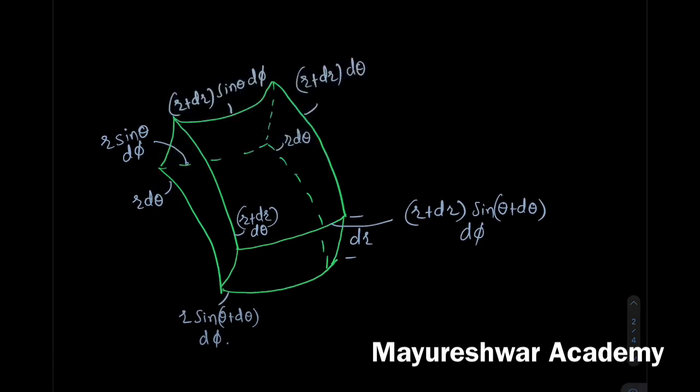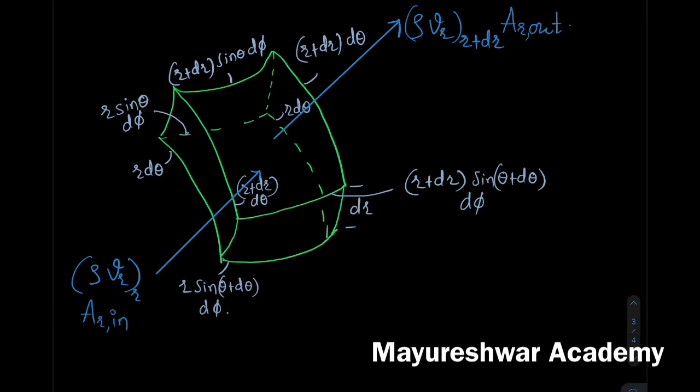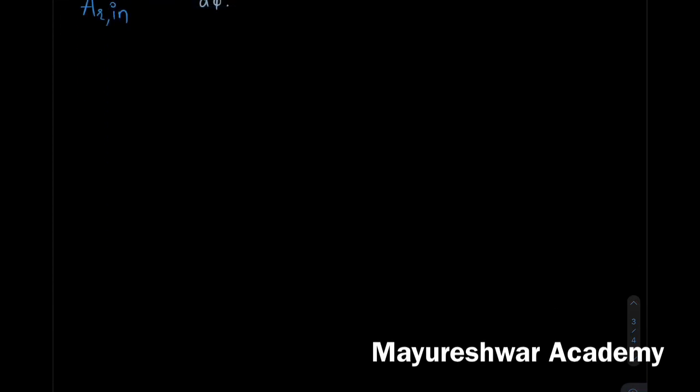Now radial direction is from the bottom and on the top. So let us say this is the flux going out. Okay, so again incoming flux is going to be rho Vr at r face multiplied by Ar in, which is area, and at r plus dr, flux going out, Ar out. So these areas are different now, we need to formulate them.